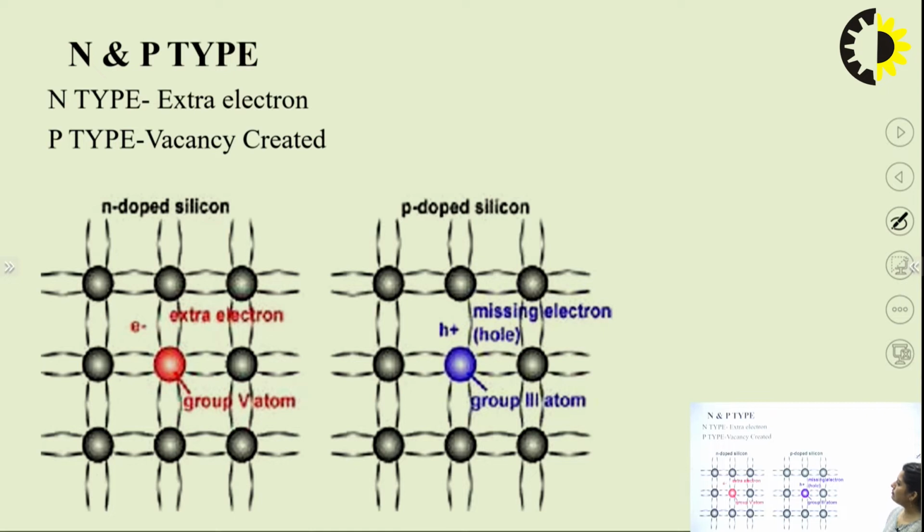This is a diagram for N-doped silicon, where you can easily visualize the extra electron for the pentavalent impurities. The P type doped silicon has a missing electron, creating a hole. Here we have a trivalent type impurity and here we have pentavalent.